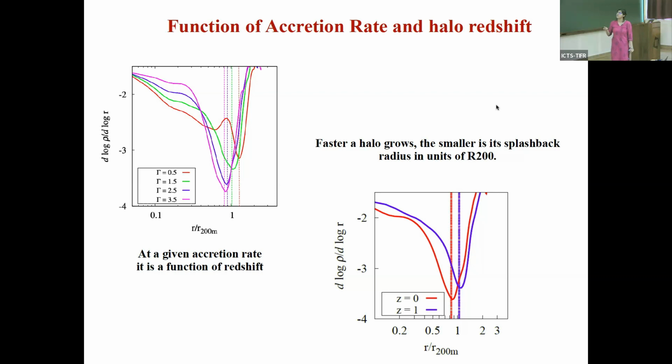So if you have a fast accreting halo, in units of r over r200, you would have a smaller boundary than if you were a slowly accreting halo. Similarly, the overdensity at the splashback radius also depends on how quickly the background universe is expanding, so it also depends on the redshift at which you're observing the object.